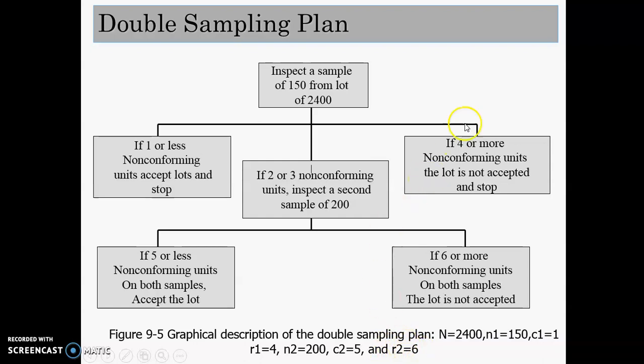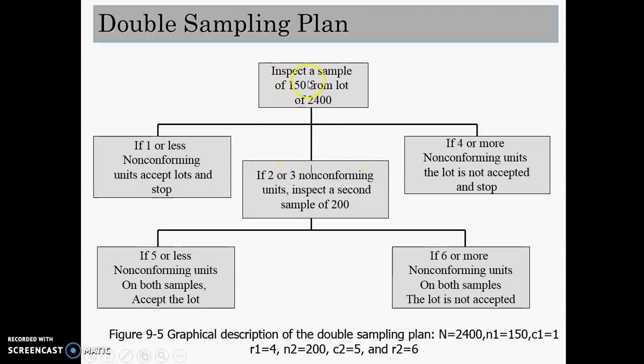Therefore, when the defects from the 150 are 4 or more, the lot is rejected directly. No need to go to the double sampling plan. If the defects from the 150 are 1 or less, the lot is accepted.